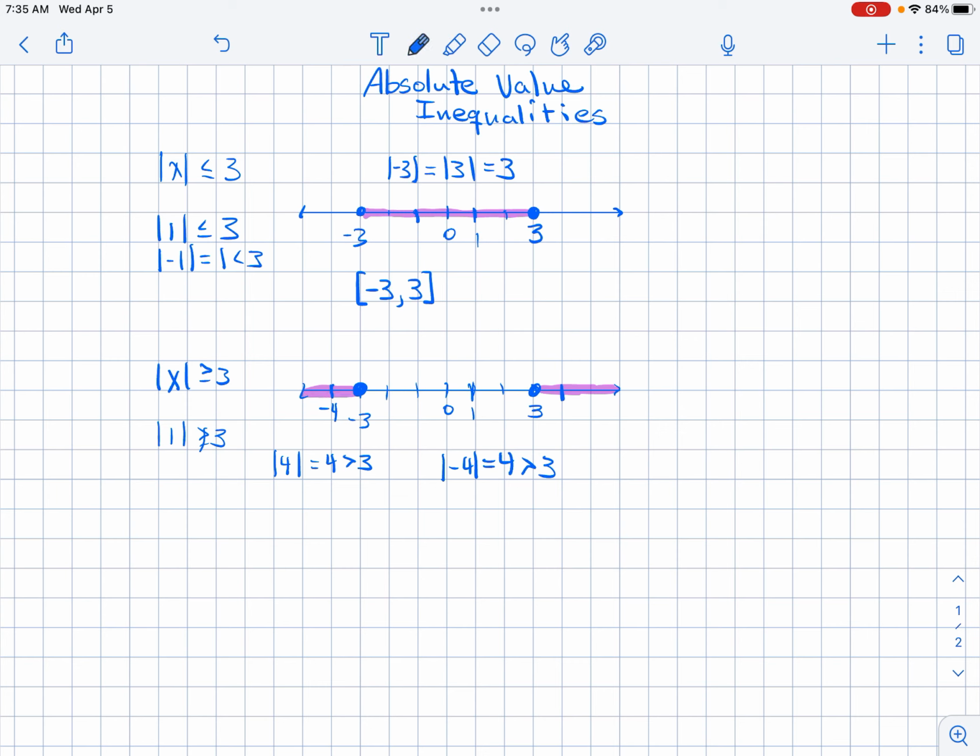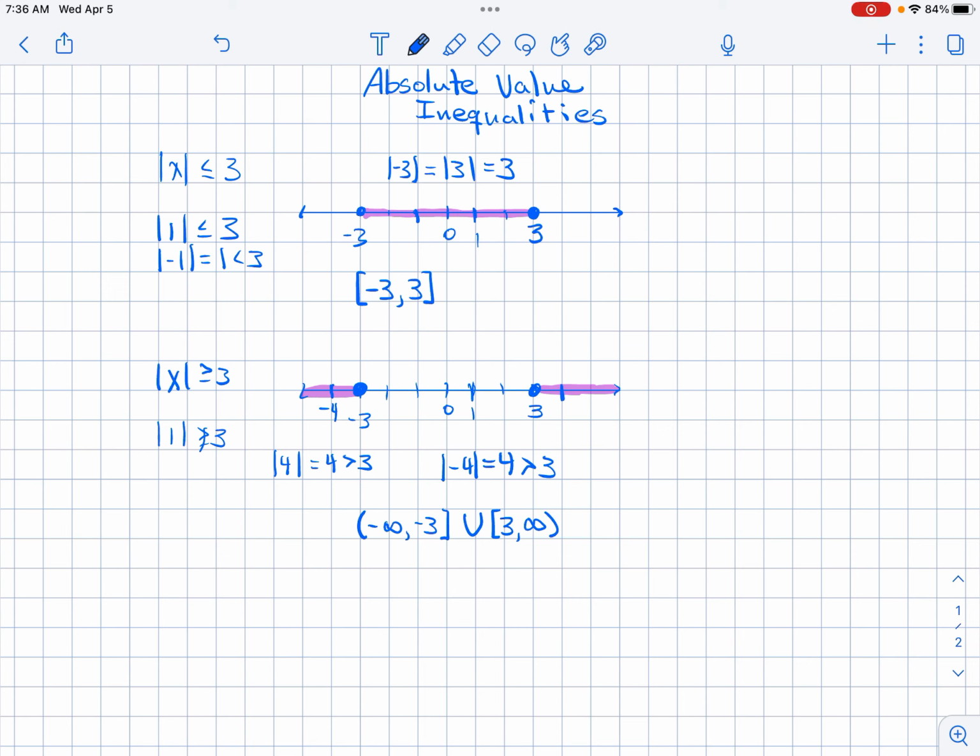So what we would say is anything from negative infinity to that negative 3, that's part of our solution. If you give me any number between negative infinity and negative 3, that's going to satisfy that inequality. Or if you give me anything bigger than 3, from 3 to infinity, that's part of my solution.